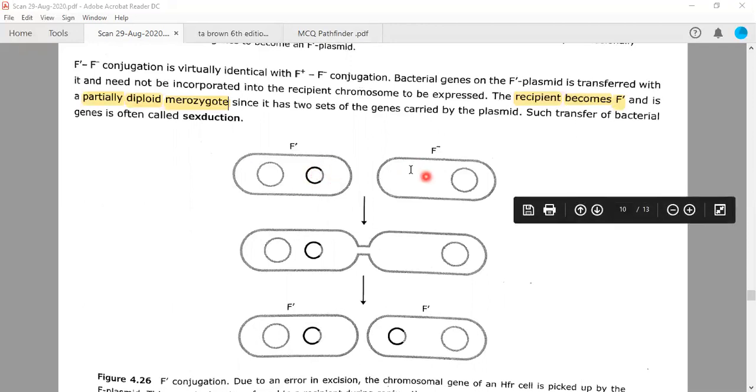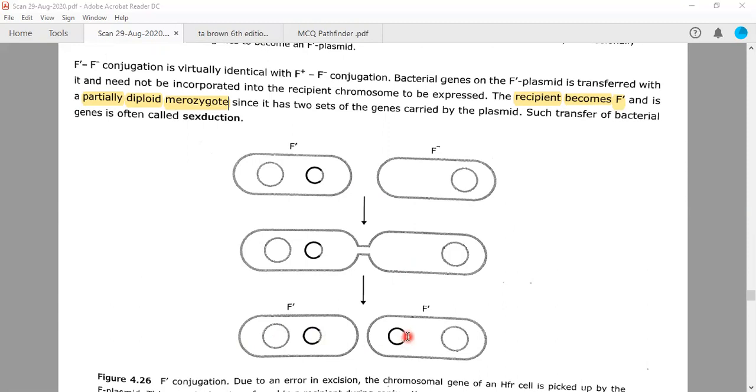This plasmid is transferred to this F negative cell. It will also transfer a segment of this bacterial chromosome to this cell. And merozygotes are only formed in this F dash F negative conjugation type.